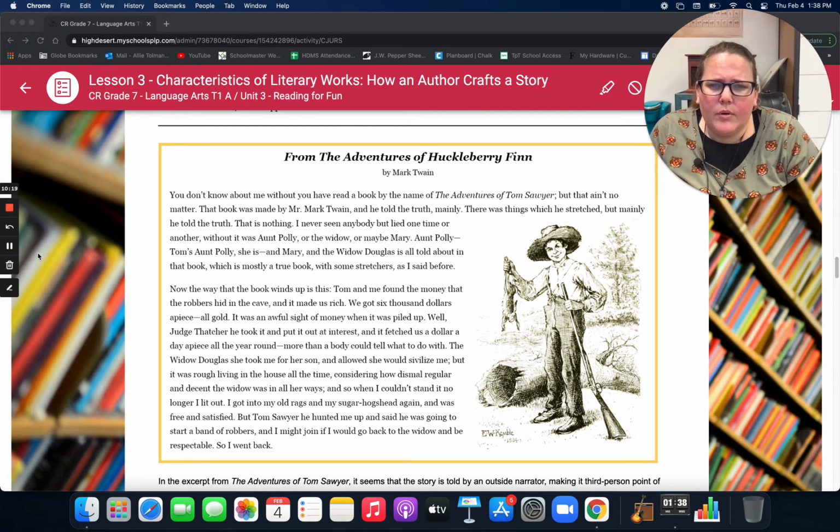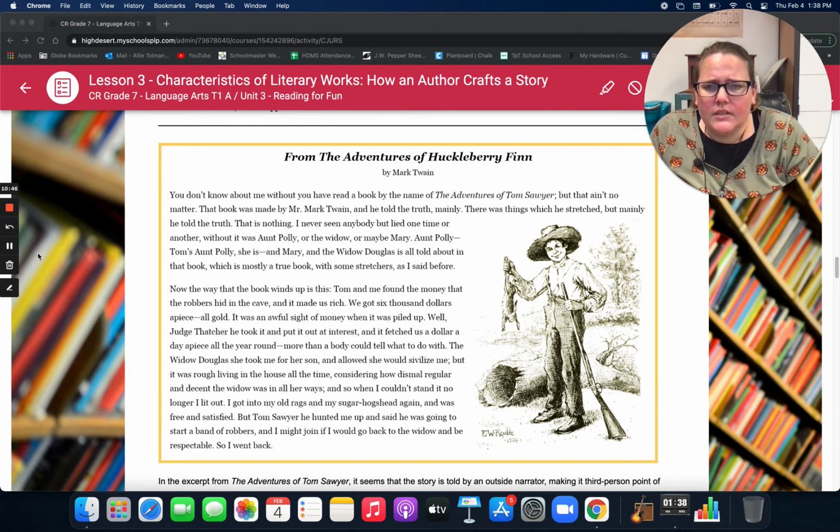Now the way the book winds up is this. Tom and me found the money that the robbers hid in the cave, and it made us rich. We got $6,000 apiece, all gold, and it was an awful sight of money when it was all piled up. Well, Judge Thatcher, he took it and put it out at interest, and it fetched us $1 a day apiece all the year round, more than a body could tell what to do with.